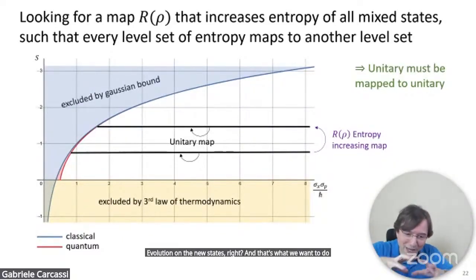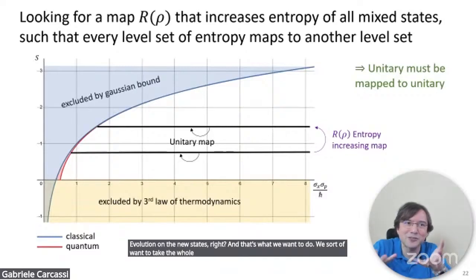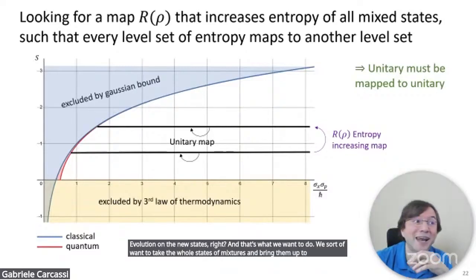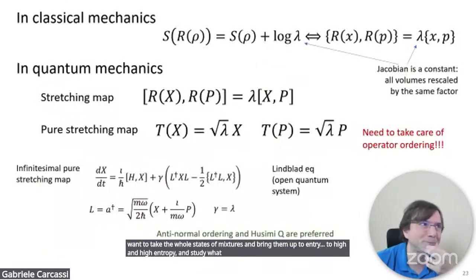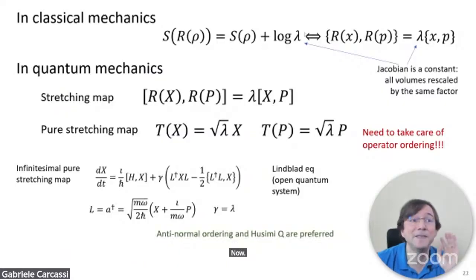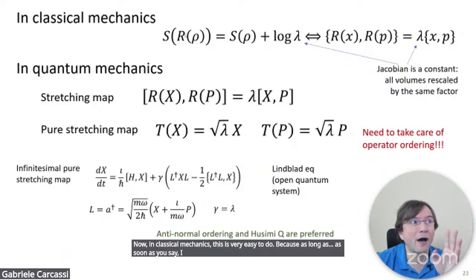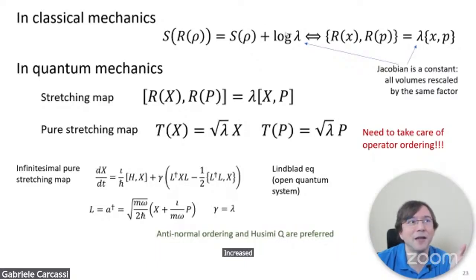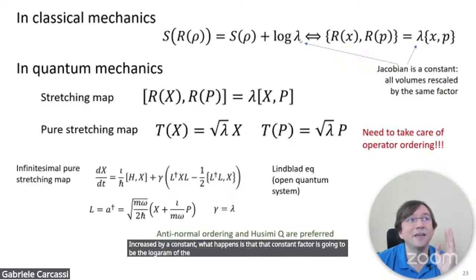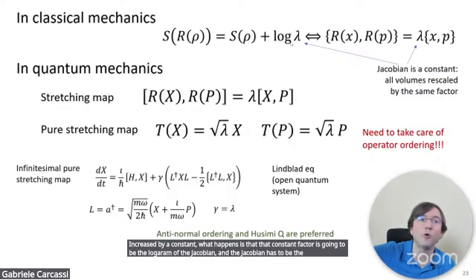We sort of want to take the whole space of mixtures and bring them up to higher and higher entropy and study what happens there. Now, in classical mechanics, this is very easy to do, because as soon as you say I have a map R that takes a probability distribution and gives me another distribution, and I want the entropy to be increased by a constant, that constant factor is going to be the logarithm of the Jacobian, and the Jacobian has to be the same over all the transformations.